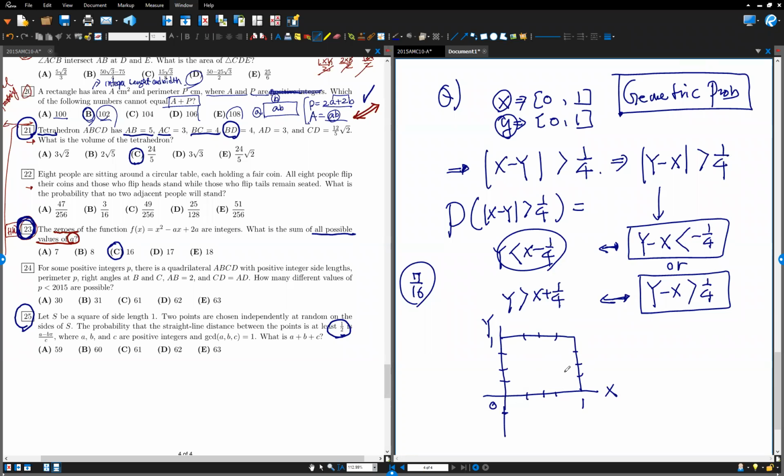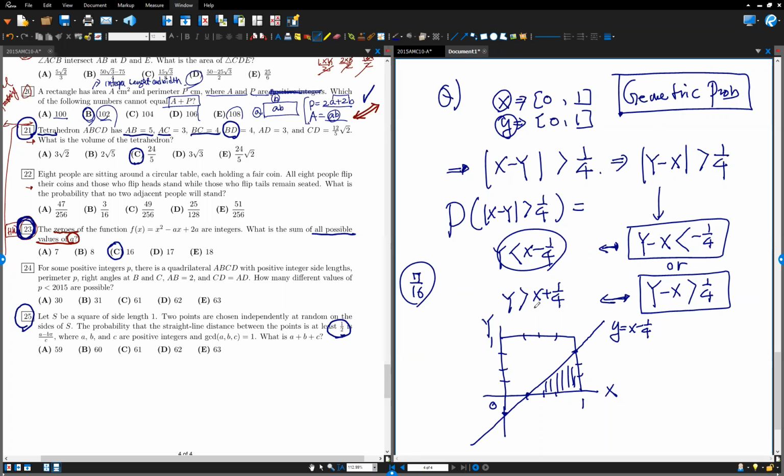How does the graph look? From here to here, right? That's y equals x minus 1. Where is the point? Less than, down over here, less than this line. Is it okay?